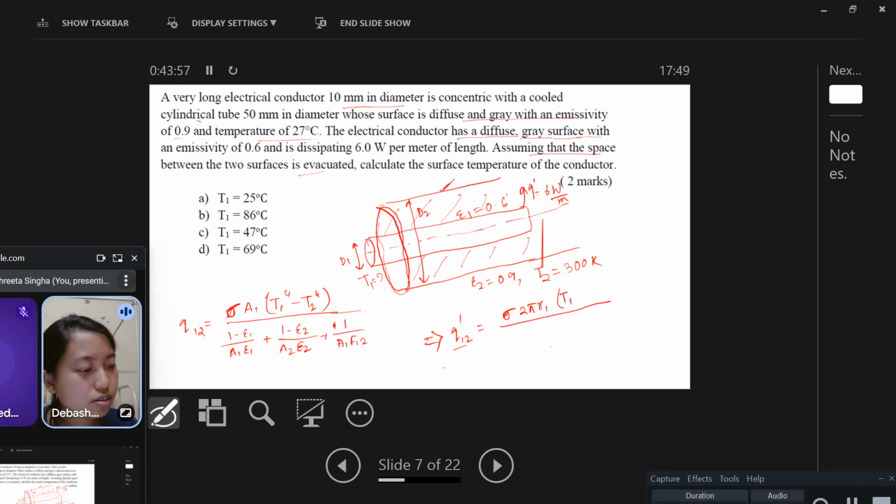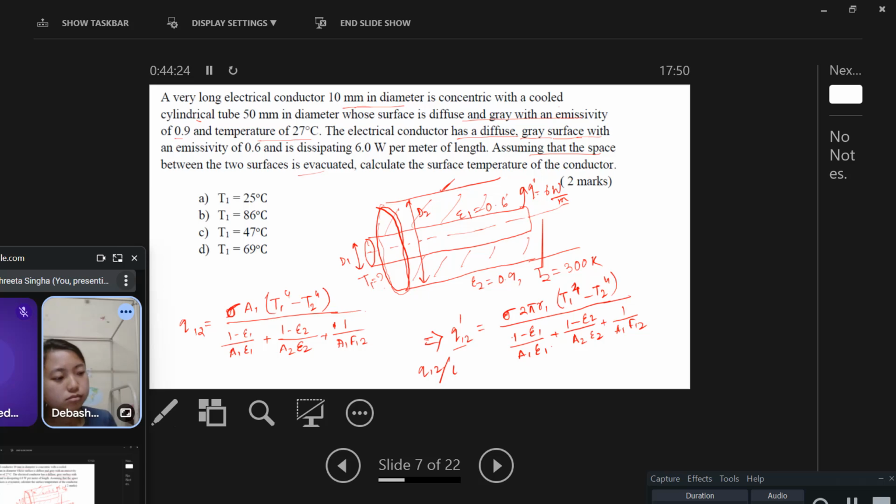This Q12 dash is Q12 divided by L. Can you tell how much you get here?